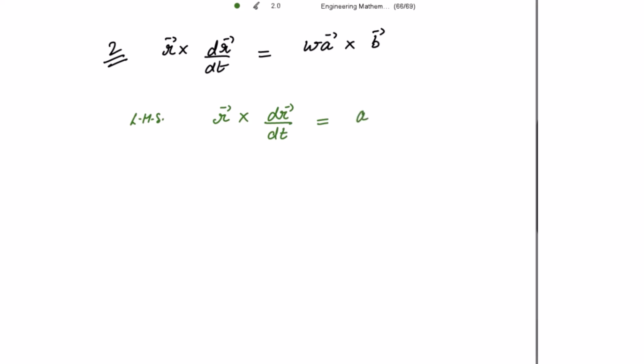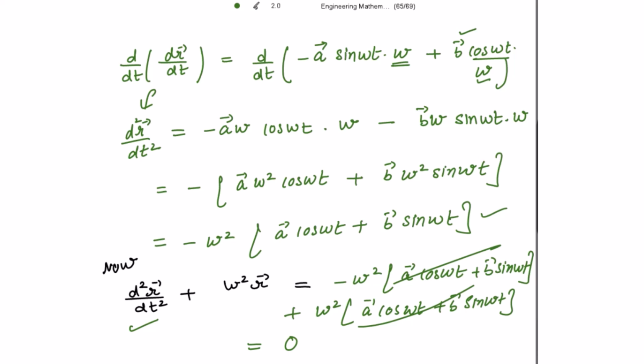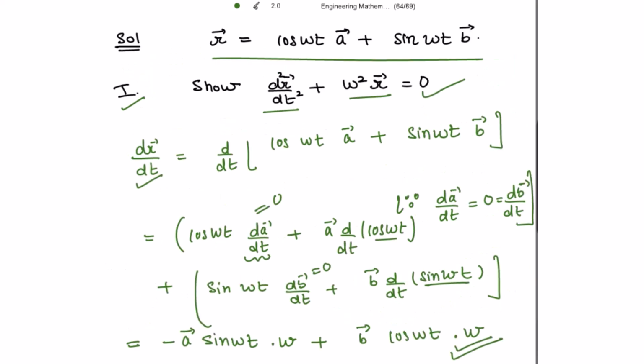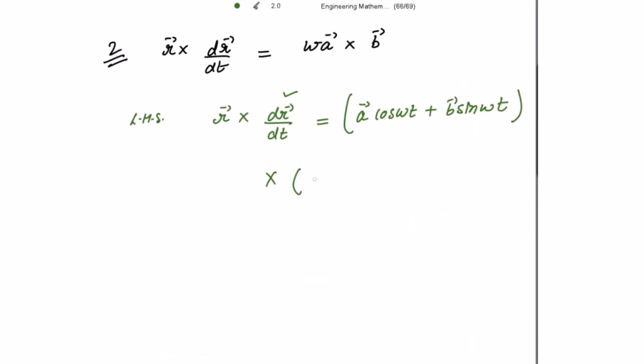So r vector is, it is given to us, a vector cos wt plus b vector sine wt, taking its cross product with its first derivative, and we have calculated the first derivative to be this one, minus a vector w sine wt plus b vector w cos wt.